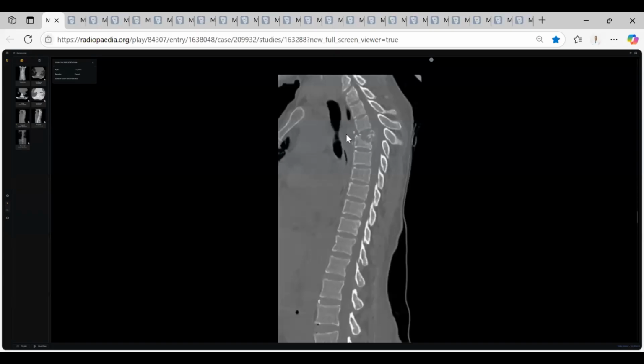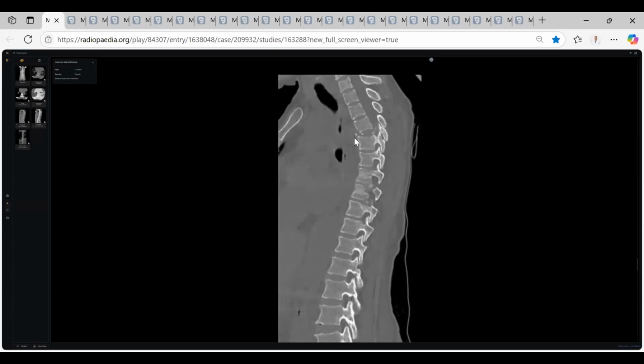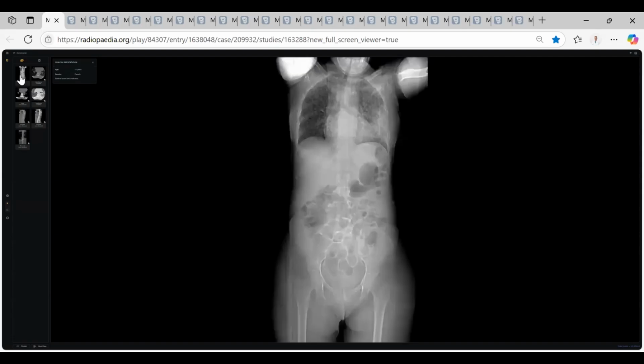The air column is completely obliterated and forward displaced, with complete fragmentation here. And from the scout, the lung is not normal. This is miliary TB from the scout.